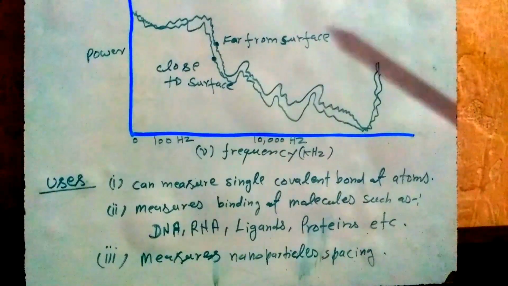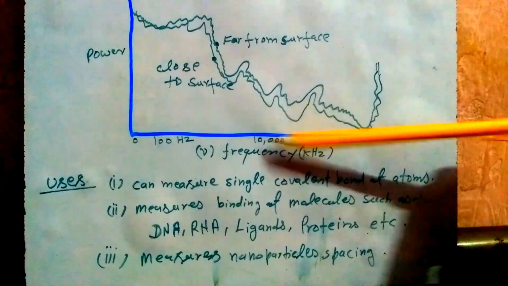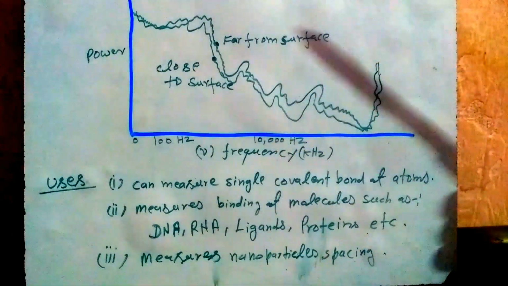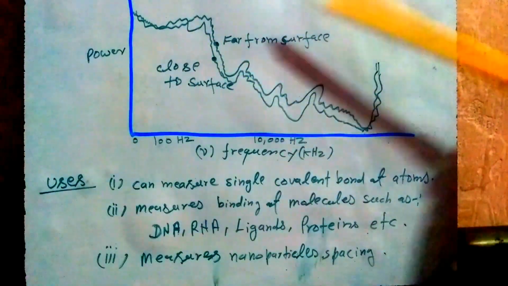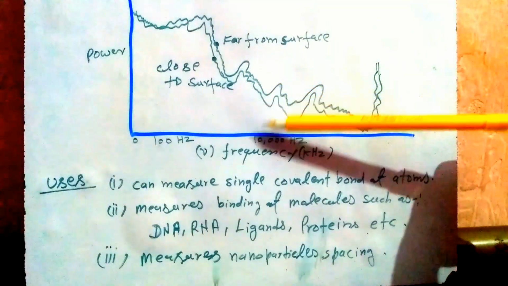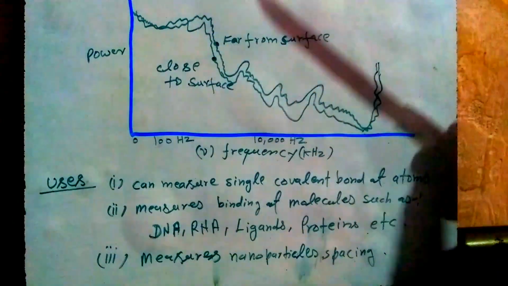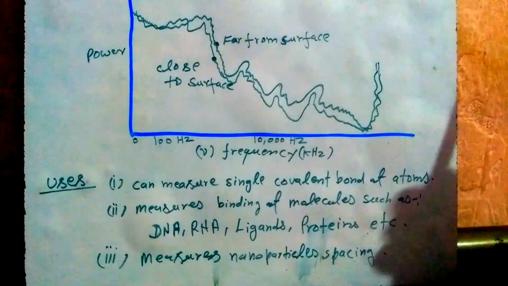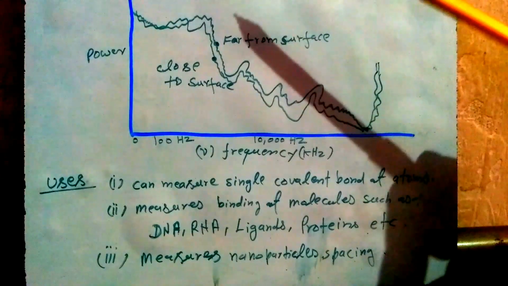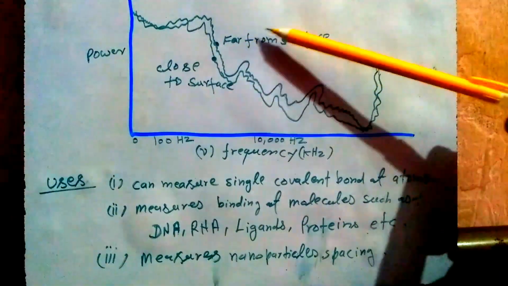And there is a second graph taken from the probe vibrations: the frequency of the probe in hertz, and the power consumed by the probe's piezoelectric scanner. So there are two graphs, on x and y axes, the top one and the bottom one. The top one tells how far away the probe is from the surface, as the probe moves above the surface and goes far away from it.